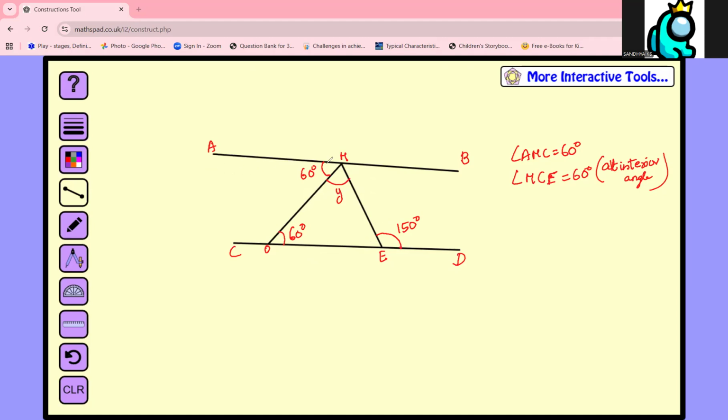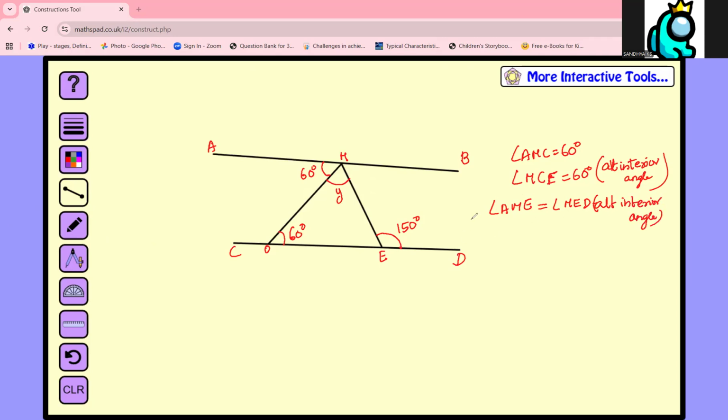Here again, AB and CD are parallel and ME is a transversal, which means we can write angle AME and angle MED. They are alternate interior angles because ME is the transversal, right?